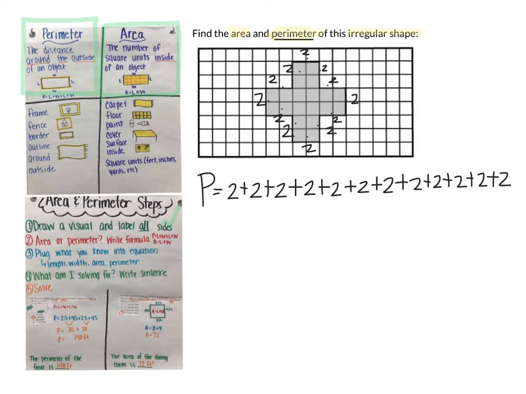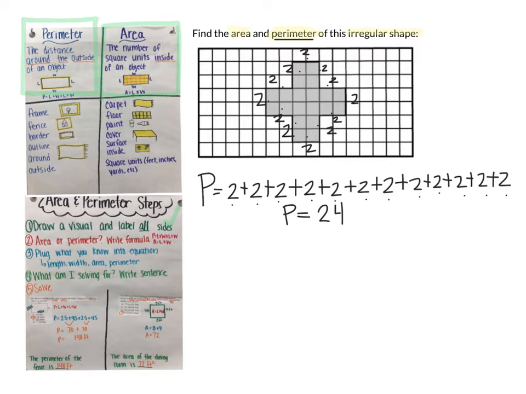They are all 2, so instead of just adding them, we can skip count by 2 12 times. 2, 4, 6, 8, 10, 12, 14, 16, 18, 20, 22, 24. So our total perimeter is equal to 24 units.